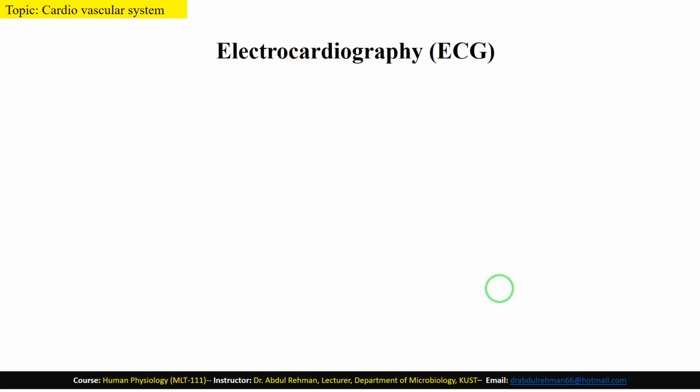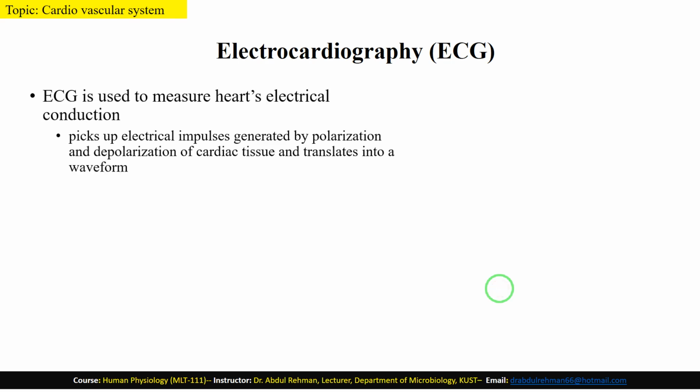The next is electrocardiography, also termed ECG. Electrocardiography is a test that is used to measure the electrical activity of the heart. With each heartbeat, an impulse or wave is generated that travels down through the heart muscles.